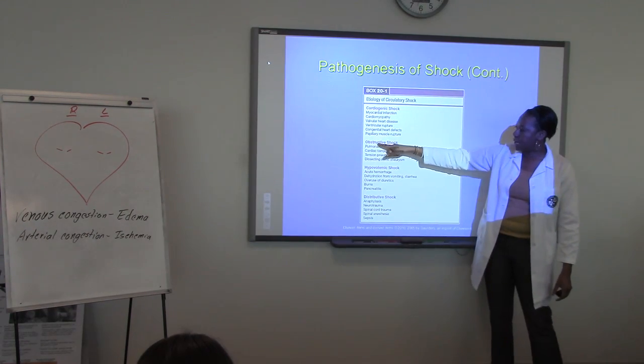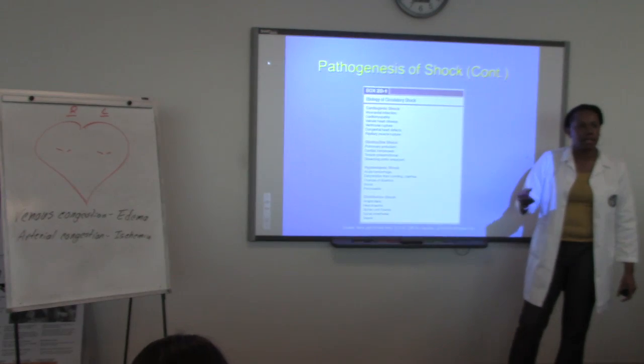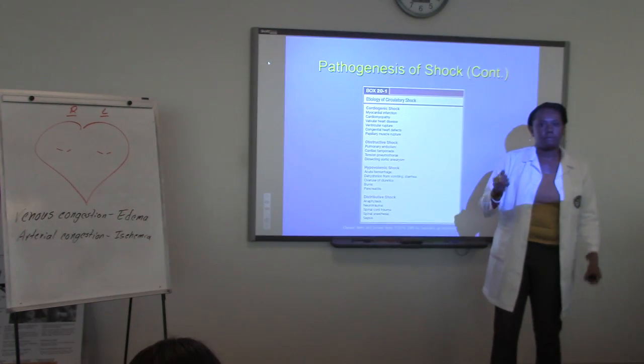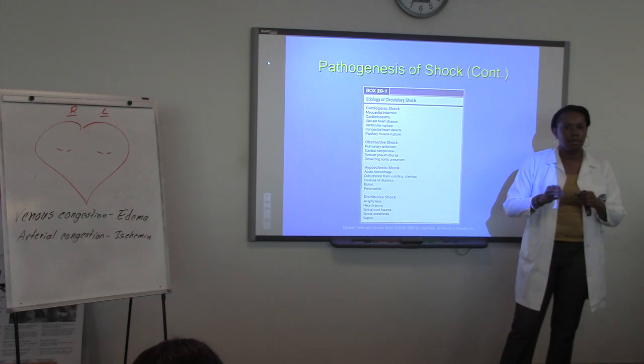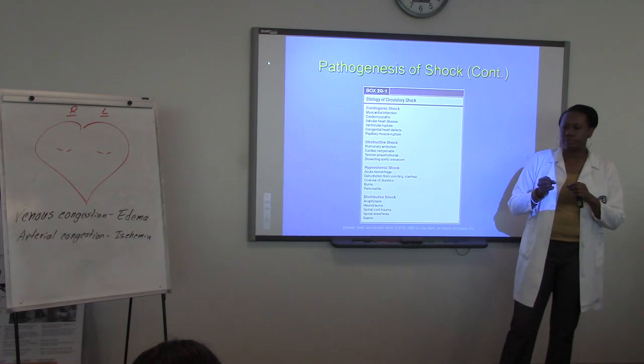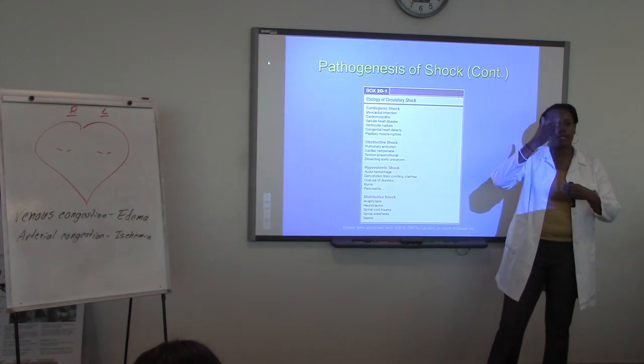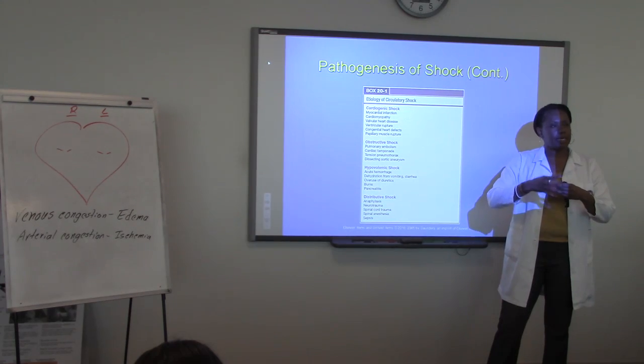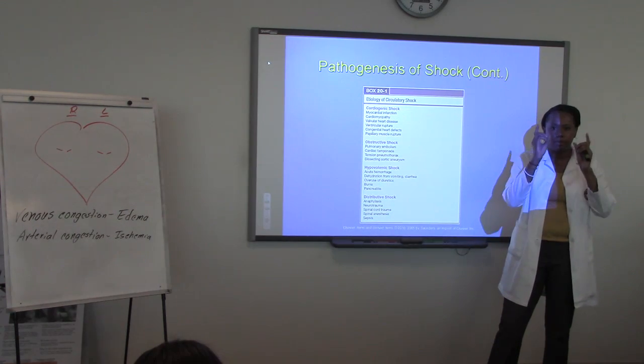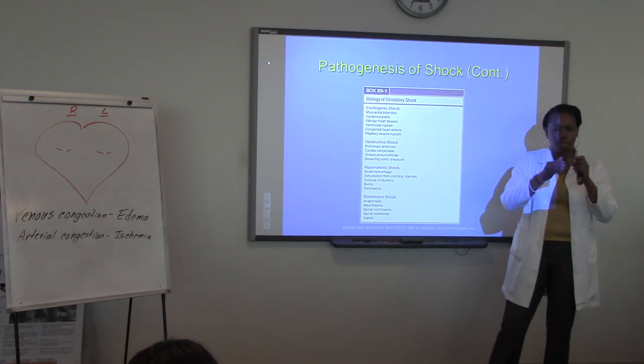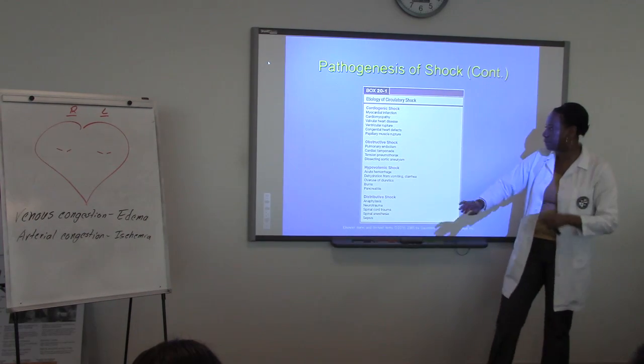When you see the category obstructive shock, this is anything that can be physically, mechanically, or even fluid that's blocking blood flow. So anything that's blocking blood flow, so any type of obstruction that's blocking blood flow.